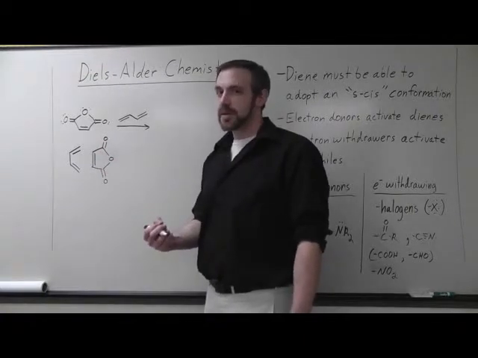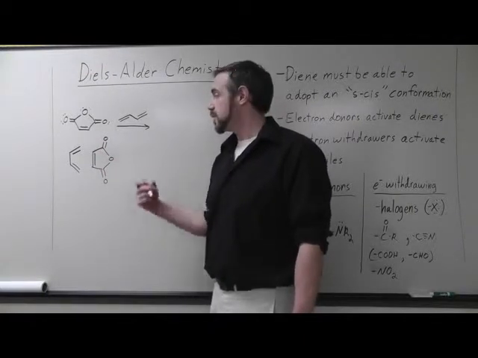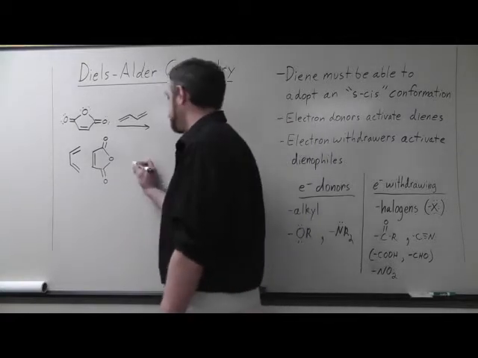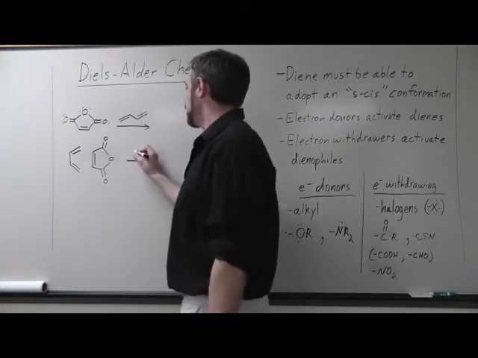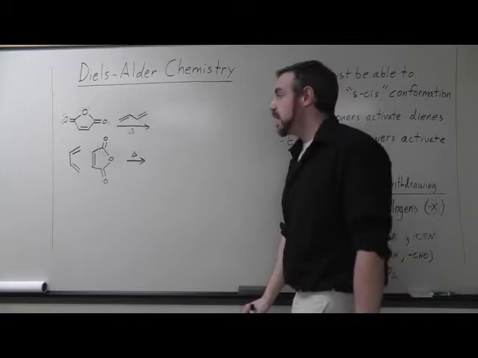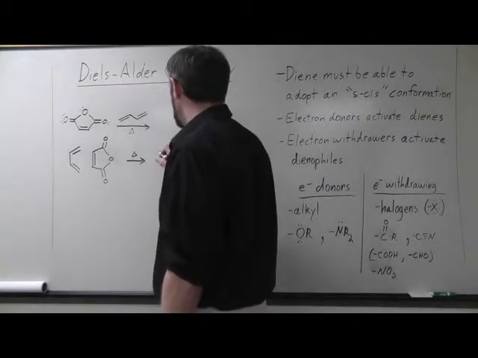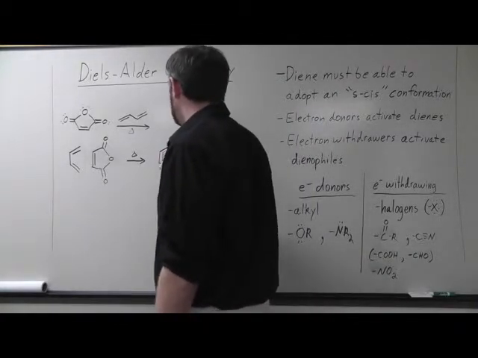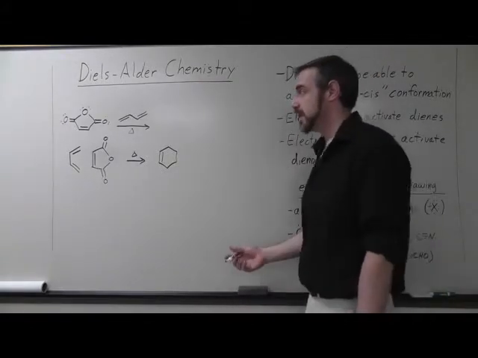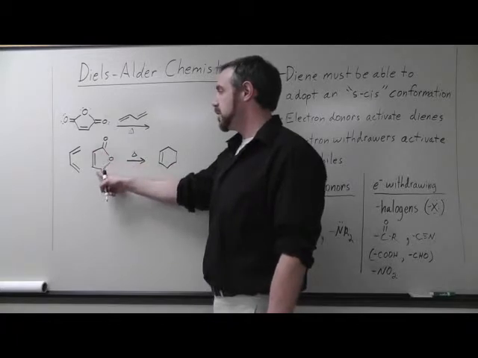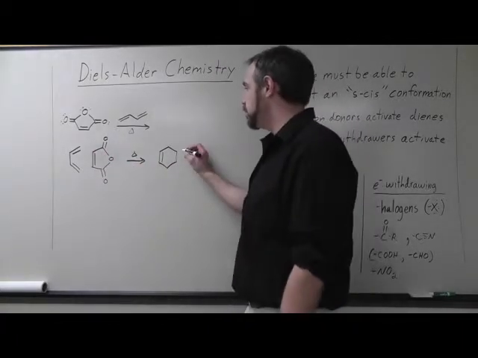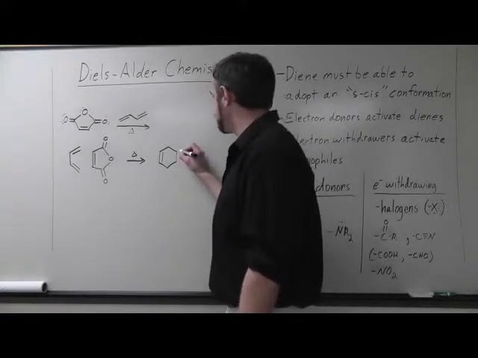So each one of those carbonyl carbons acts as an electron withdrawing group, and so it's a strongly activated dienophile. With heat in this reaction, just like any Diels-Alder reaction, will form a six-membered ring, a cyclohexene. The substituents here, since they were cis in the dienophile, because it's part of a cyclic, will be cis in the product.